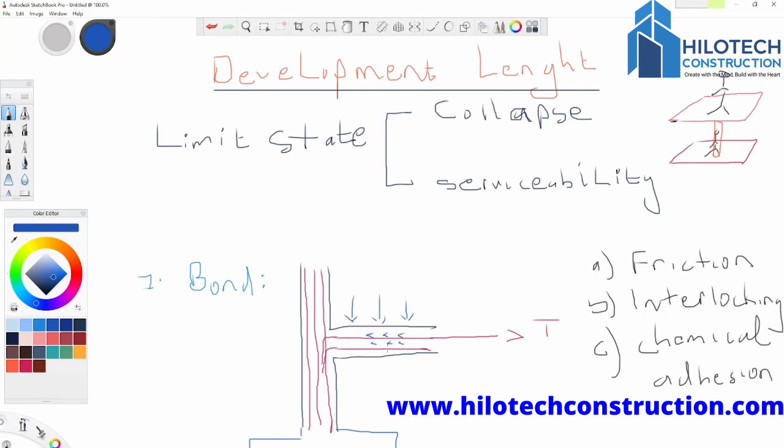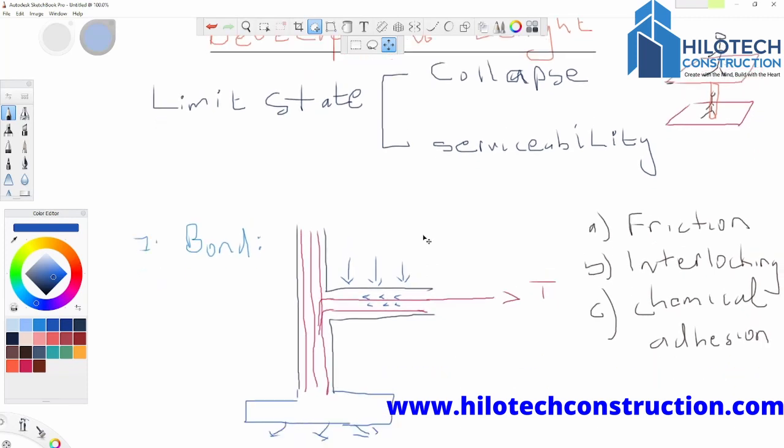So how do you ensure now that this beam cannot fail? The first thing is to make sure that you provide an accurate length of this rod. This rod that is going to come in here and hook with the pillar has to be of an accurate length. What do I mean by that?